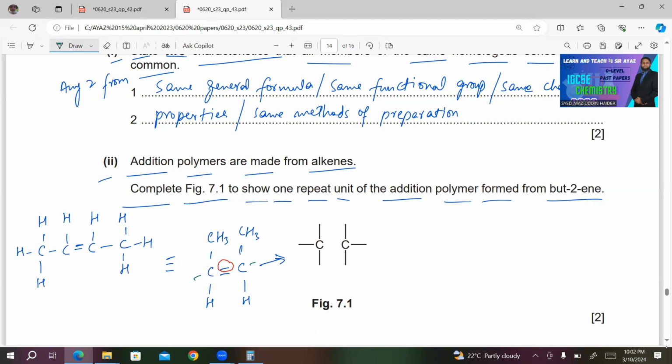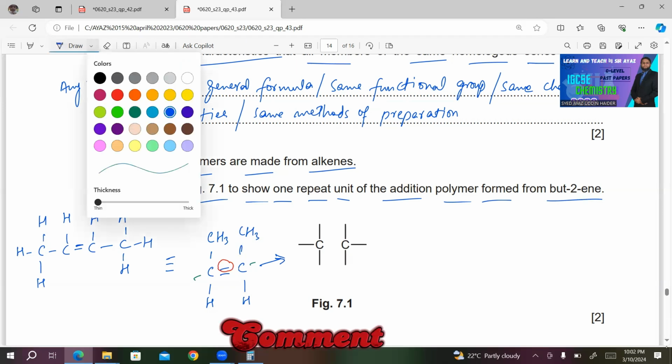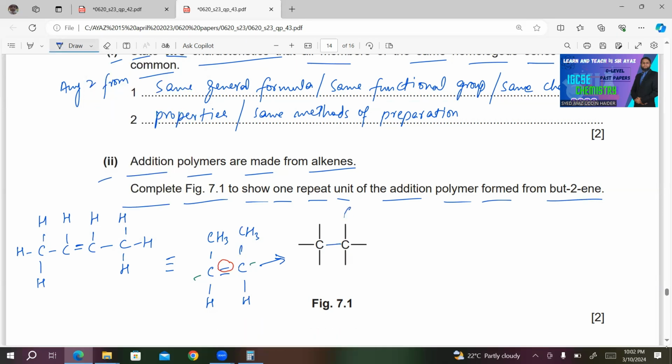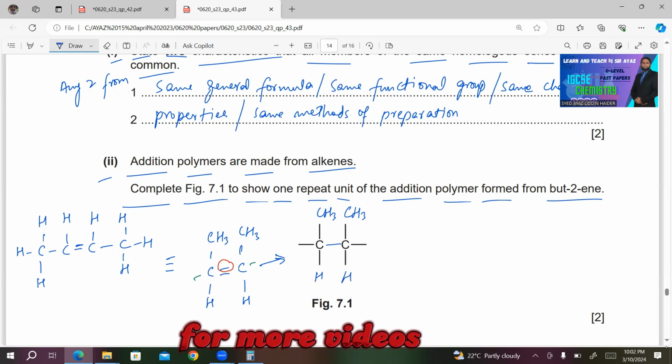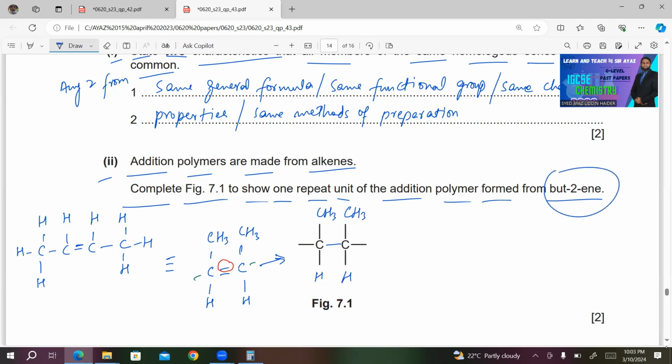This will become the repeat unit for butene. So for this we have CH3, CH3, H, H. So this will be the repeat unit obtained during the addition polymerization of butene.